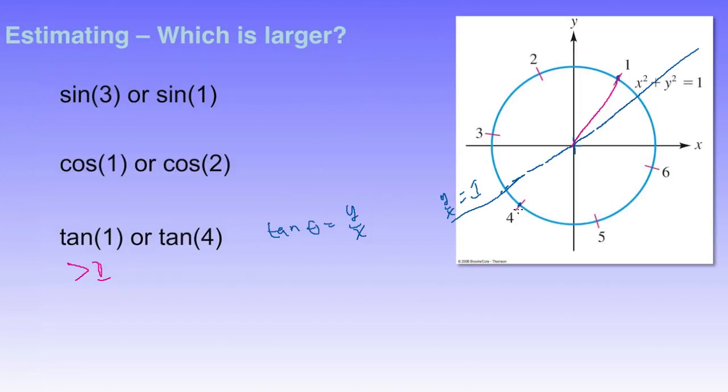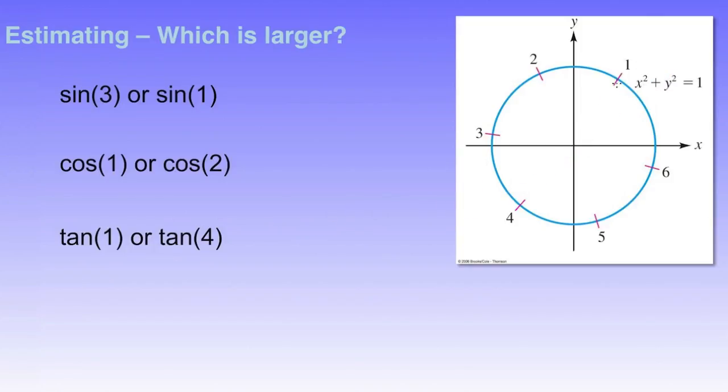Tangent of 4 also seems to be greater than 1, because if I were to draw a line again through 0, 0, it looks like it's very close. So I know that this one is also greater than 1. My best guess for how to answer this is to figure out which one has a larger slope. So if I were to try and, let's get rid of those markings for a second.